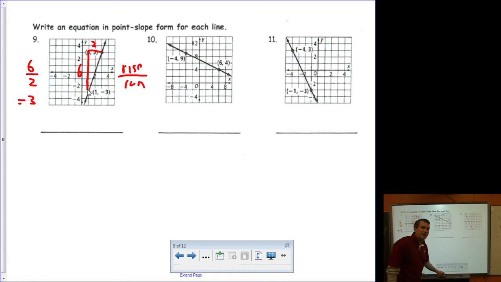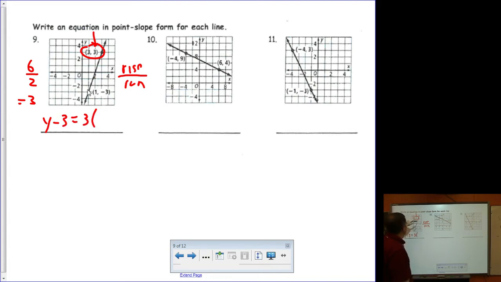And then to write the equation, I need to pick a point. If I pick this point, my equation would be y minus the y value equals the slope times x minus the x value.